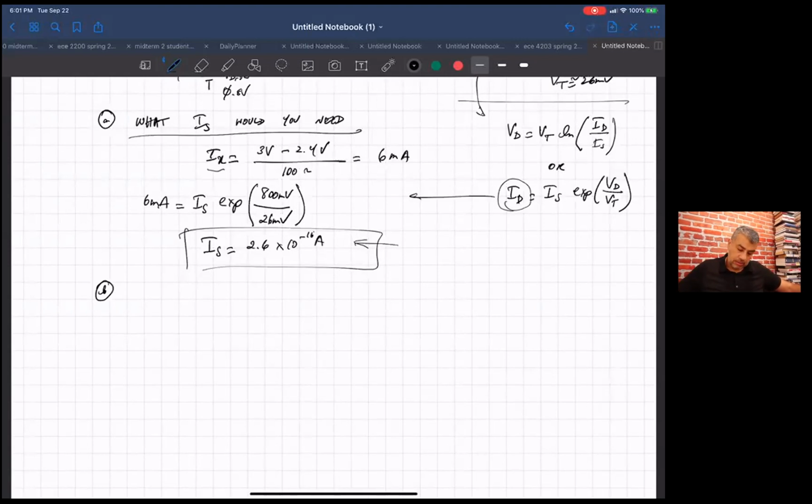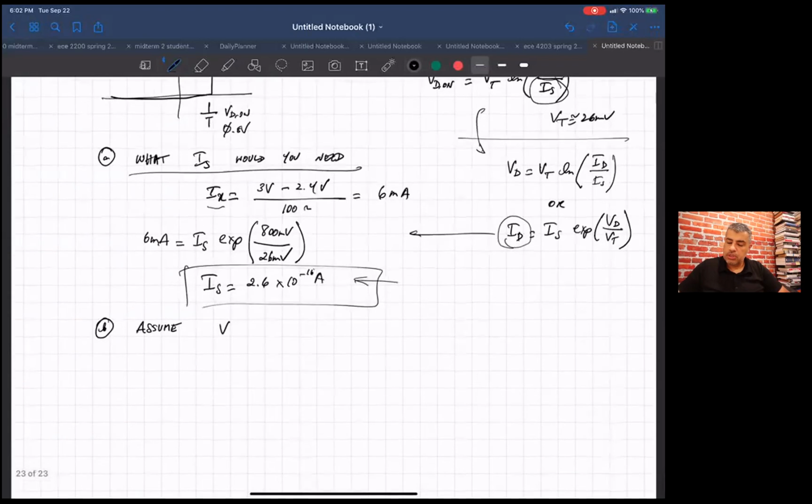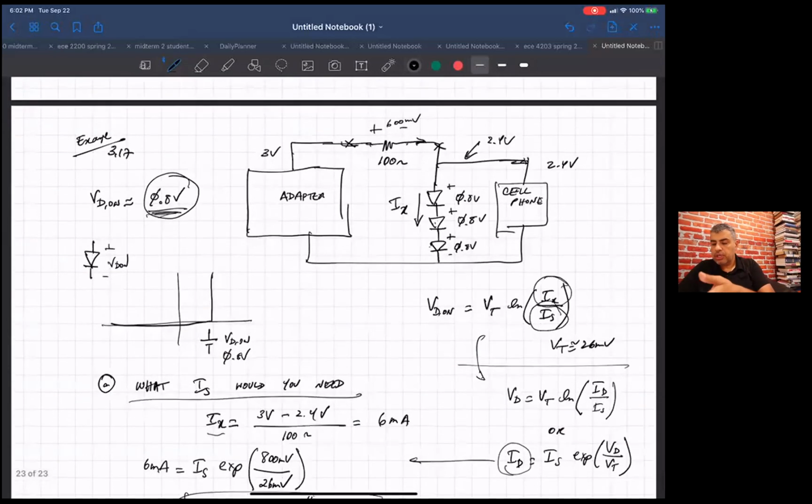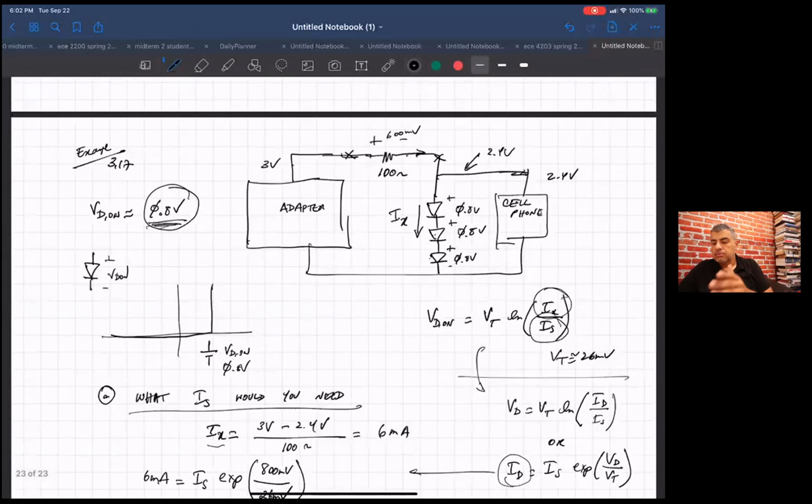Now the second question is, assume for a second that the adapter voltage increases to 3.1. So you already have this circuit, you already have these diodes.